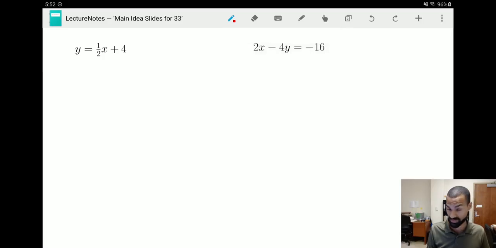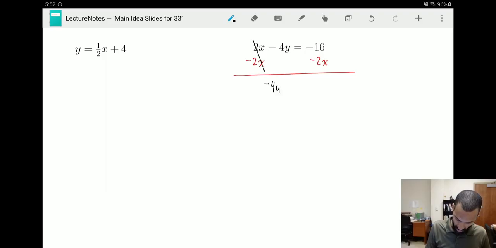So remember, to put that in slope-intercept form, we need to get rid of the x variable term first. That's on the left side. So I'll subtract 2x from both sides. I'm trying to get y by itself. So negative 4y equals negative 2x minus 16.